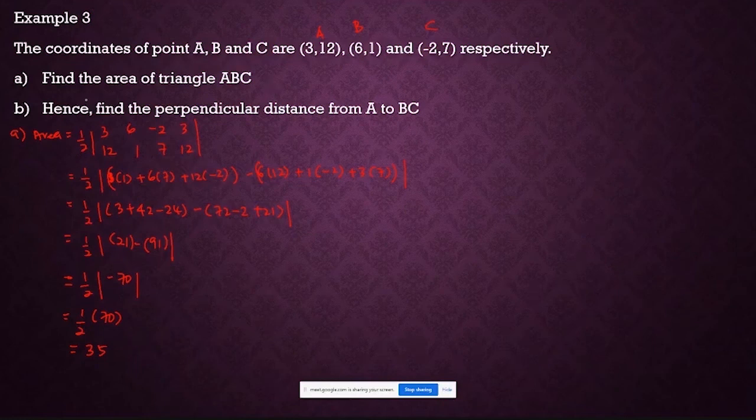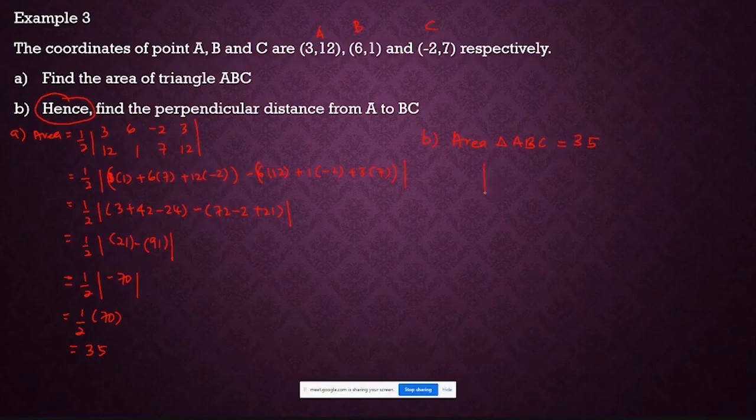And then hence. Okay, when you have the word hence here, you must use the answer in question A. So we have the information from question A, area of triangle ABC is 35.